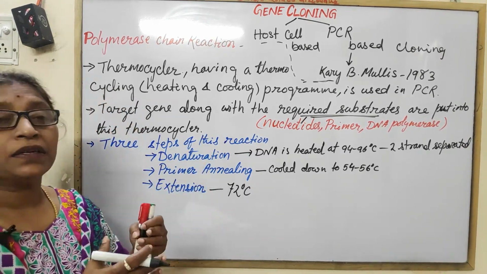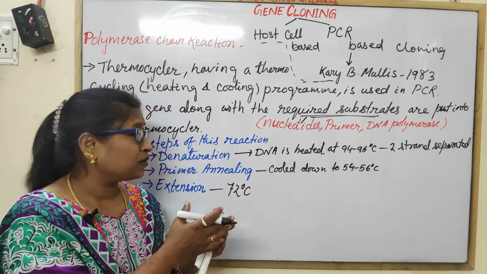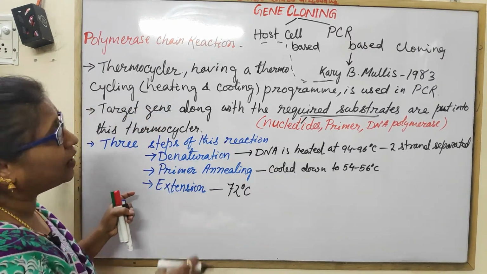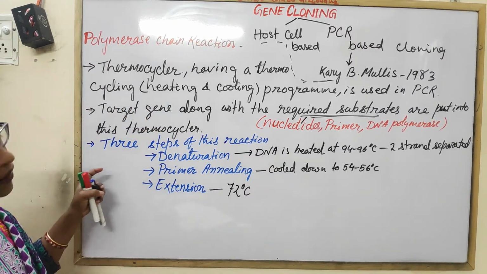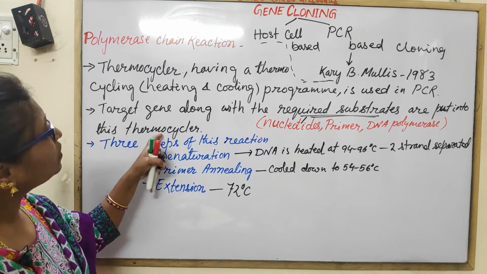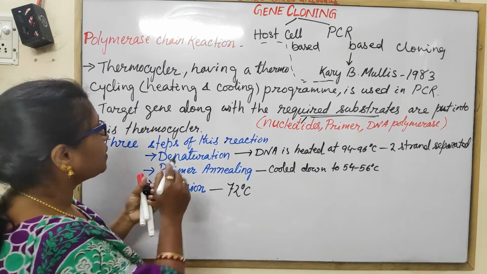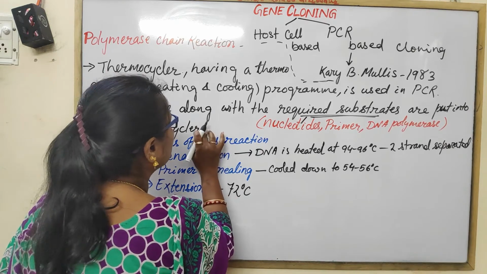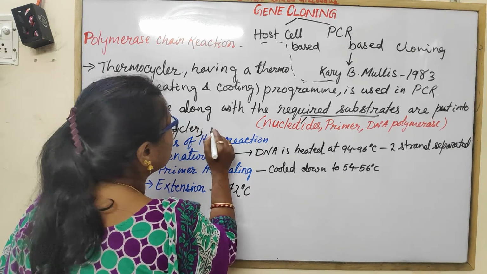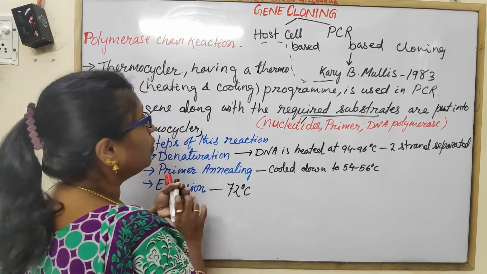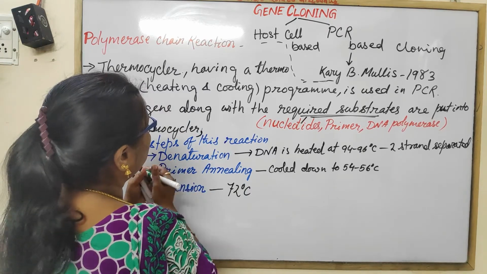First of all, the substrates and the target DNA, all the constituents, are put into the thermocycler, in a PCR tube.